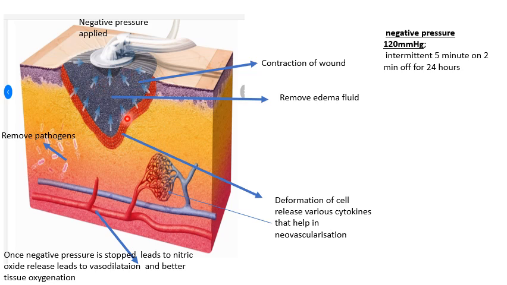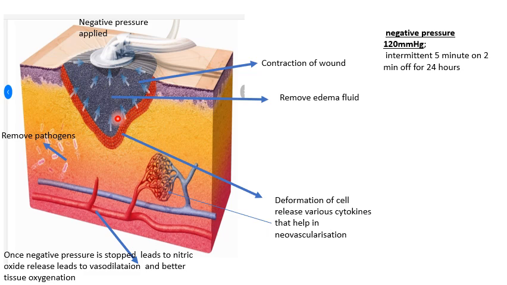Number two, invariably there will be edema fluid here that will not allow the cells to do their job, because the pressure outside the cell is more than the interstitial pressure. So this negative suction will remove that edema fluid. Number three, this negative pressure itself will deform the cells at the edge of the wound, and the deformation will release cytokines.